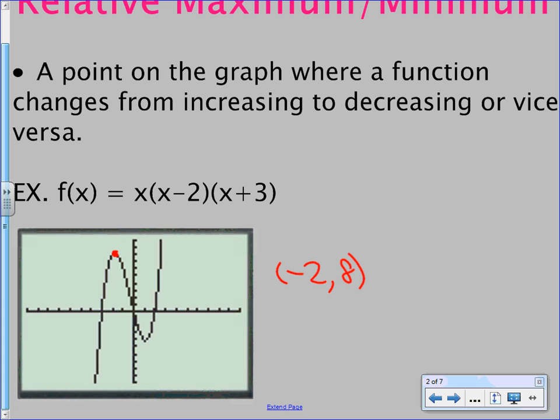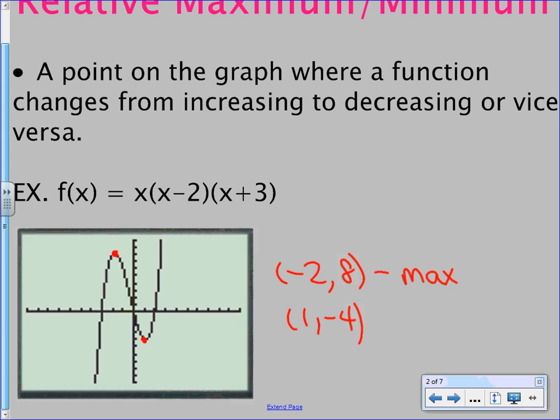So then this would be our relative maximum. At this point we switch from decreasing to increasing. Approximately, what does that look like? 1, negative 4.